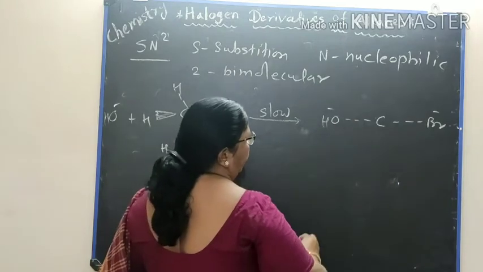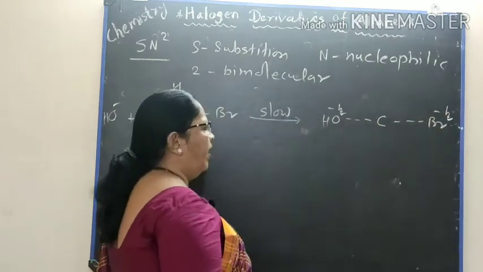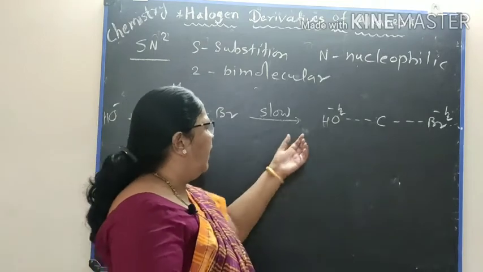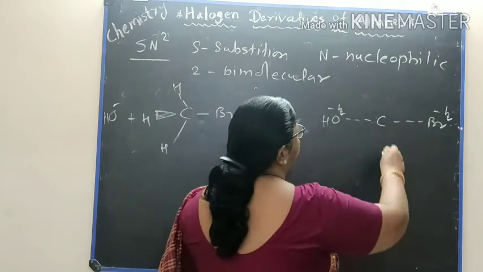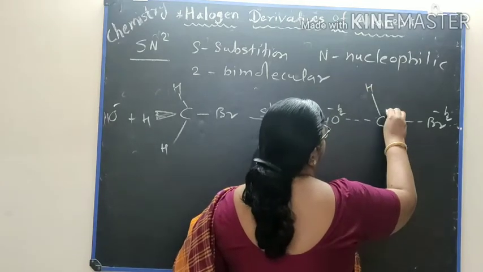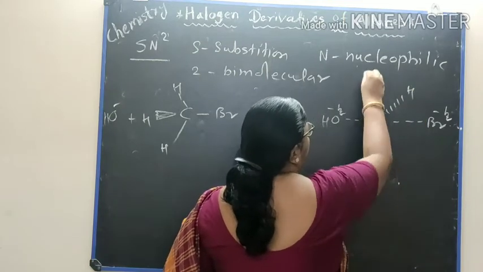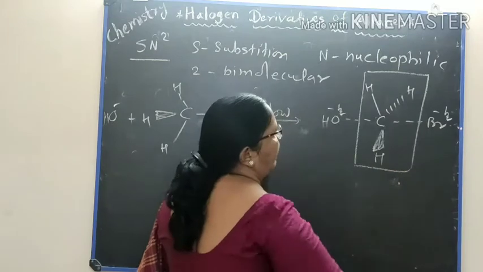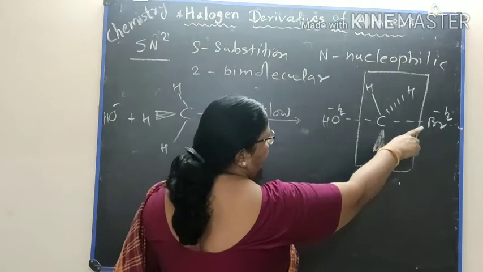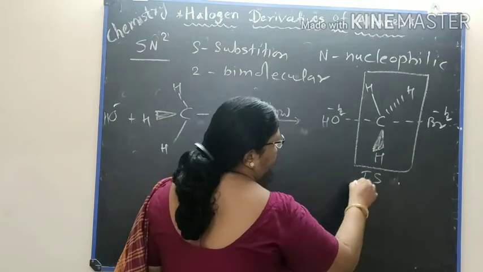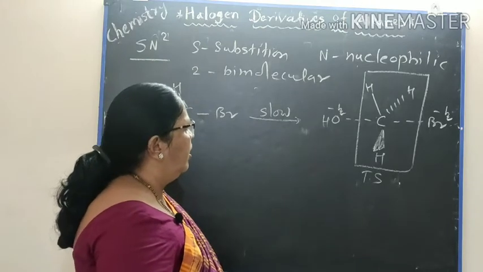The charge is also divided, with half negative charge on the hydroxyl and on the Br atoms. The three hydrogen atoms attached to the carbon atom lie in a collinear plane which is perpendicular to the OH minus, C, Br minus axis. This state is called the transition state.